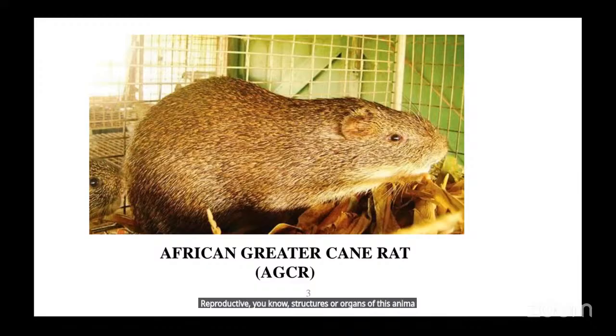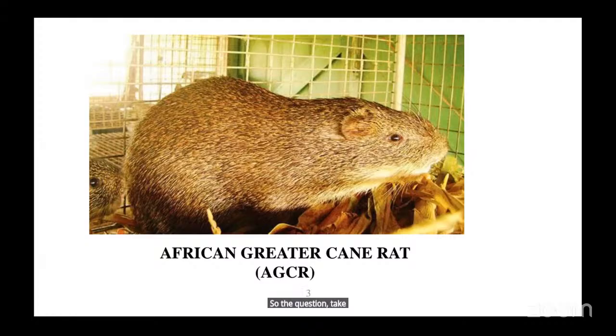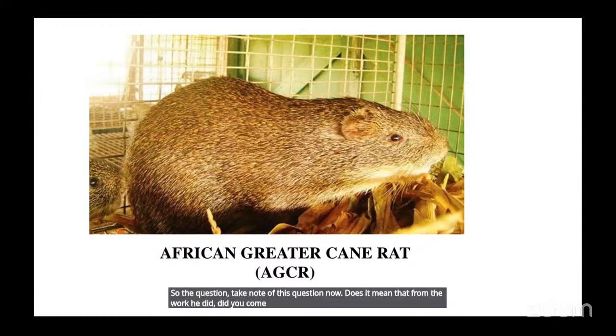But when you now say that your work is just an informative study, providing baseline values on reproductive organs and other aspects, structure of the animal, I begin to wonder. So take note of this question now. Does it mean that from the work he did, you came across his publications, and is it not related to these reproductive organs that you just studied and provided baseline values for?